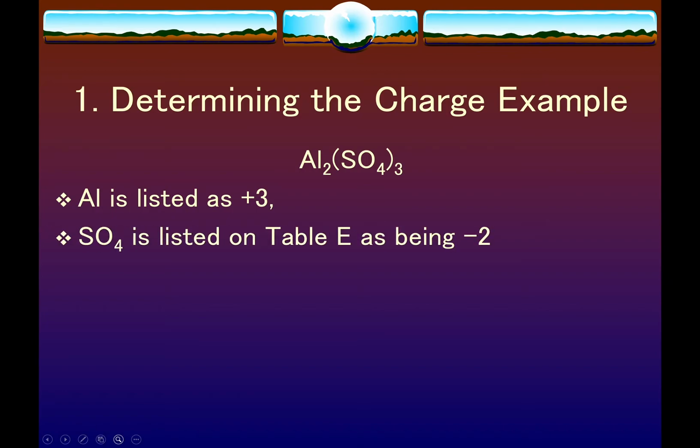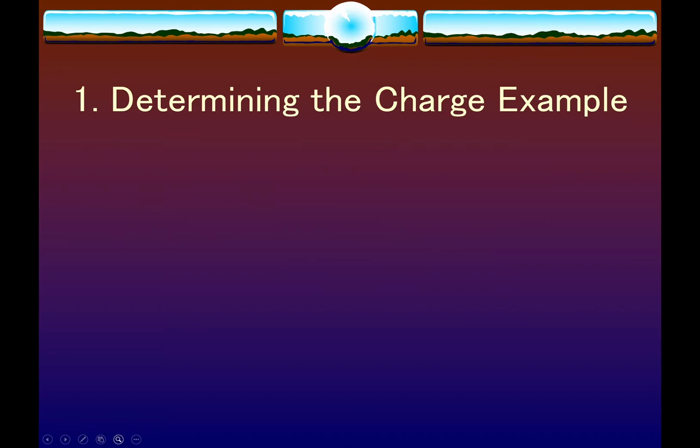SO4 is on table E. It's a polyatomic ion and has a charge of -2. So to put this together, each aluminum is a +3, and we do have 2 of those. And we have 3 SO4s, 3 sulfate ions, and each one of those is -2.